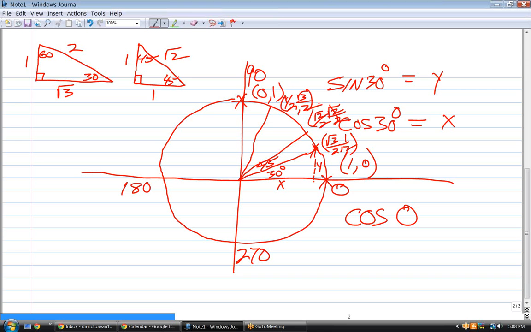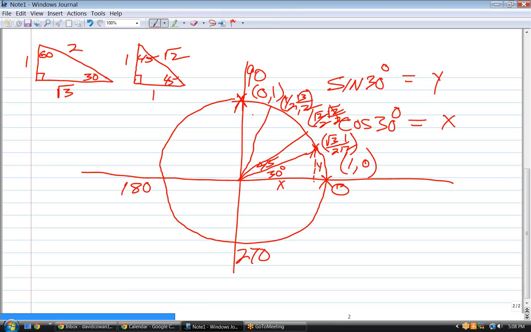Well, I think you got these down pretty good. And the 90-degree angle, since we can see that the coordinates are 0, comma 1, that's what they should be, right? Because the cosine of 90 degrees is 0 based on this.